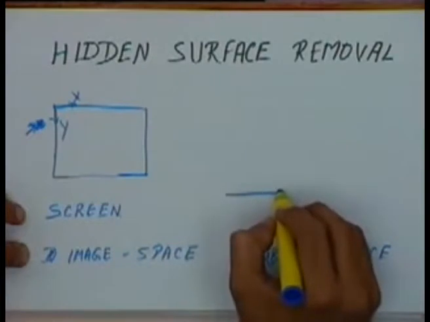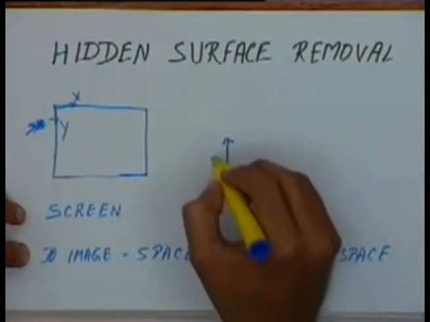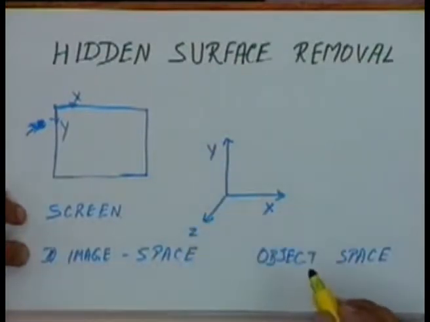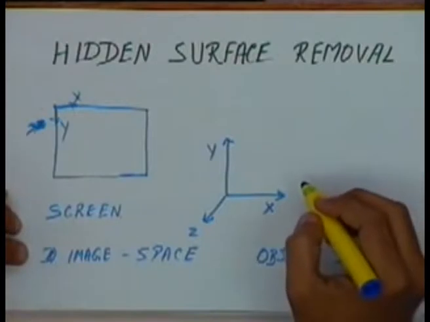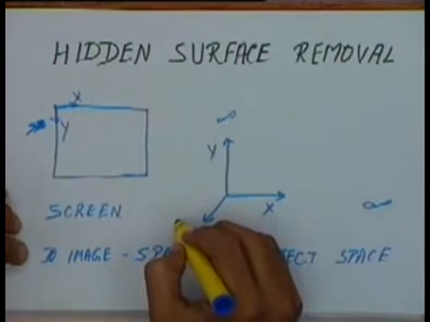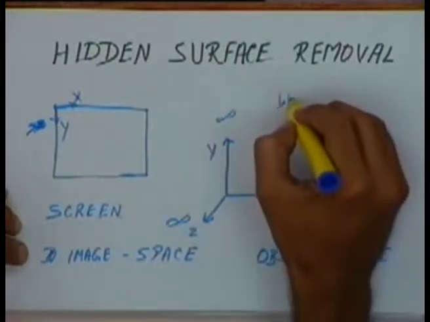Typically when you are talking of the object space, we are talking of the world coordinate system where the space is infinite in all the three directions. This is the world coordinate system.